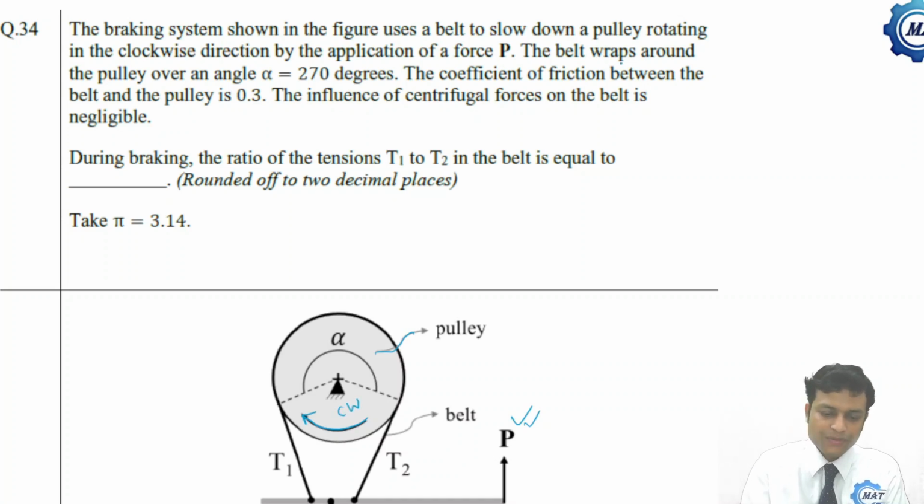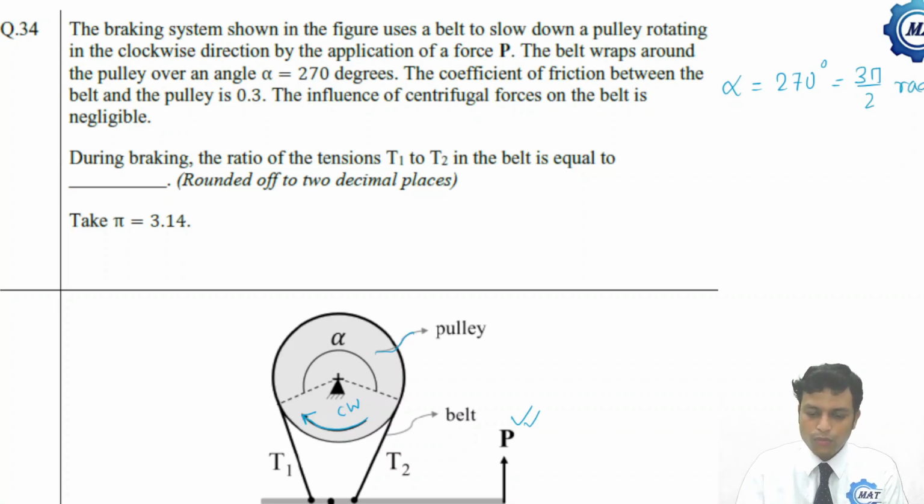The belt wraps around the pulley over an angle, wrap angle alpha given as 270 degree, that is 3 pi by 2 radian. The coefficient of friction between the belt and pulley mu is 0.3. The influence of centrifugal force on the belt is negligible.